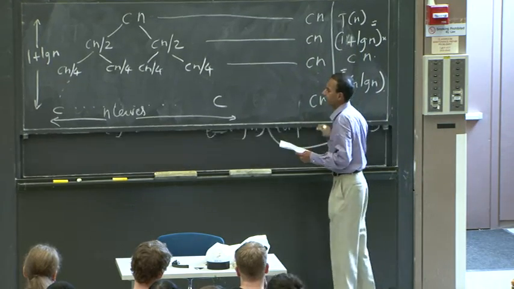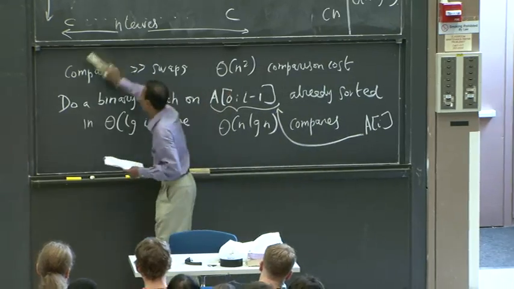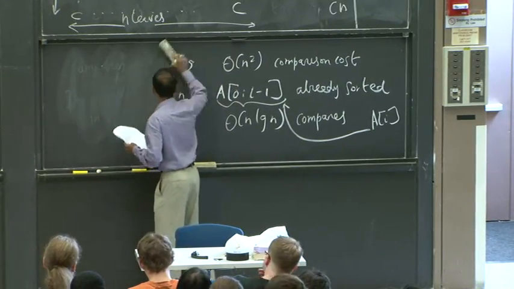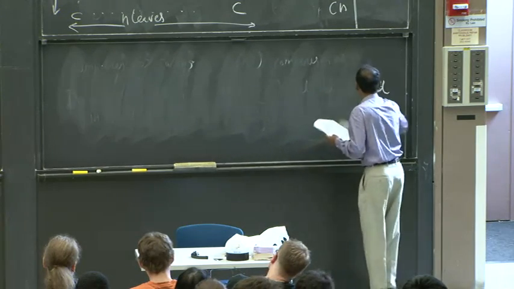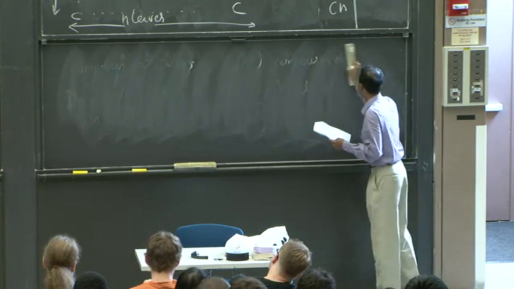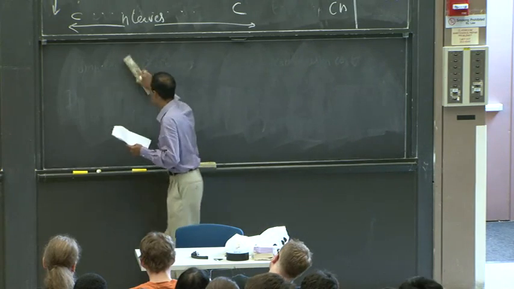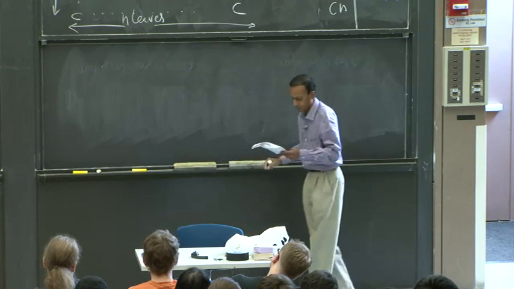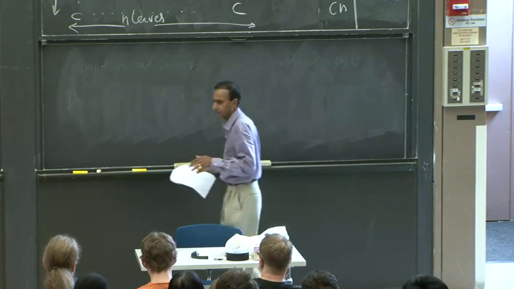So we've looked at 2 algorithms so far. And insertion sort, if you talk about numbers, is theta n squared for swaps. Merge sort is theta n log n. Here's another interesting question.